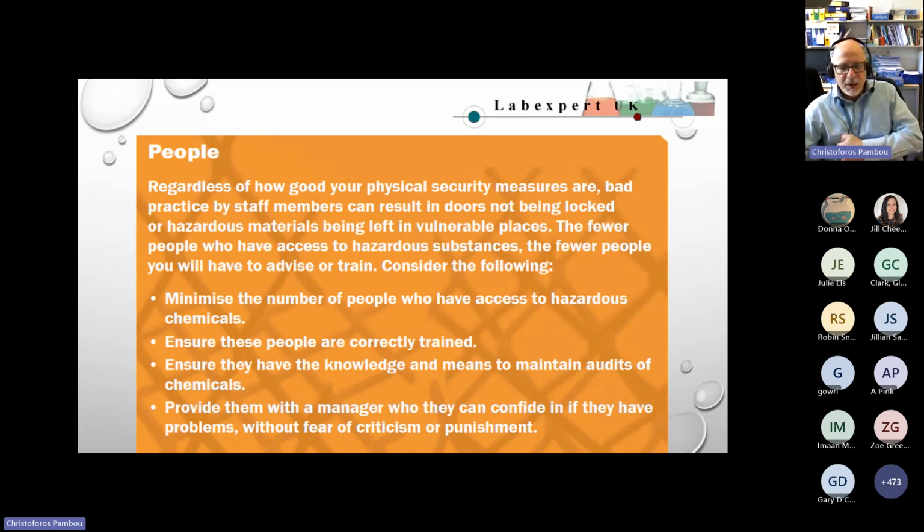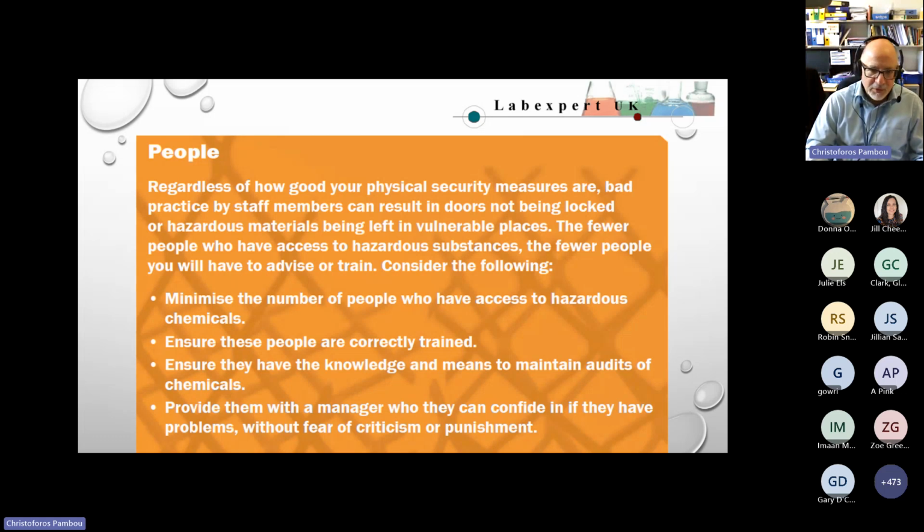For example, who has access to your chemical store? Is it just you or the technician staff, or is it every teacher in the school? Do external people have access to the store? Do cleaning personnel have access to your store?